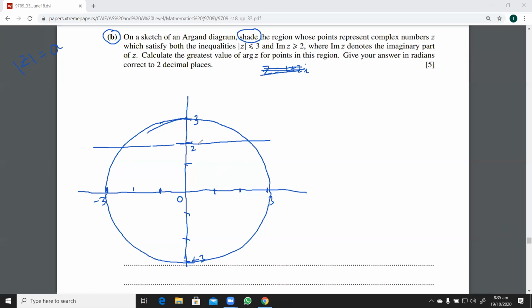So this z has to be, let me shade this with this black color. So this is the region where we have our complex number z. Got it? Here is the region where we have this complex number. Okay?